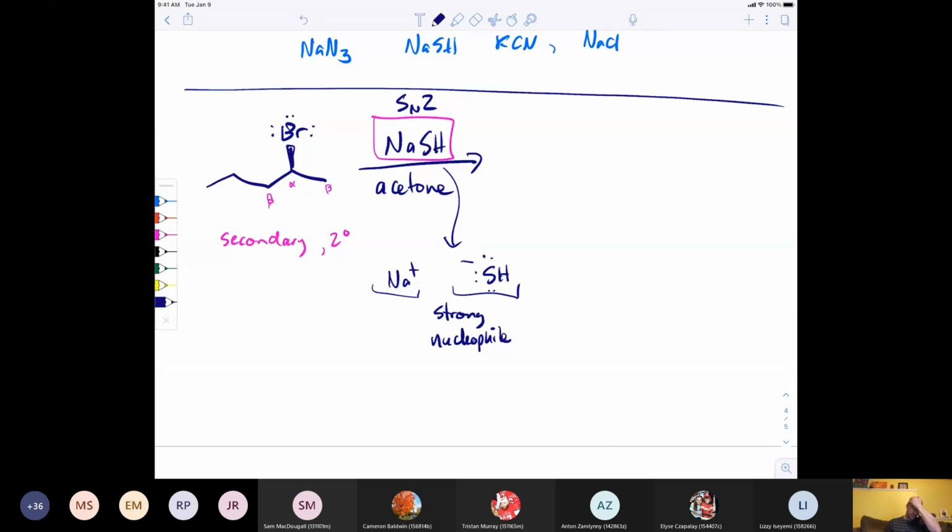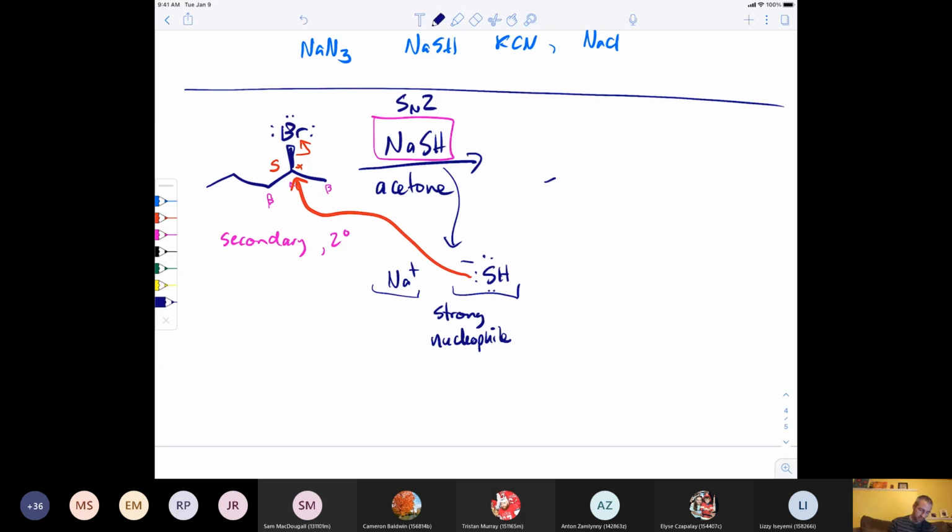SN2, if we want to draw this mechanism out, has a mechanism with one step when you have alkyl halides. The nucleophile attacks the alpha carbon, the leaving group leaves, there's an inversion of configuration, and the reaction's complete. So if you look at this bromine, there's a chiral center here, and the stereochemistry of this chiral center is S, the way I've drawn it. So we're going to use this as our nucleophile. It's going to come in and attack, and the C-Br bond breaks, and the electrons go to the bromine.